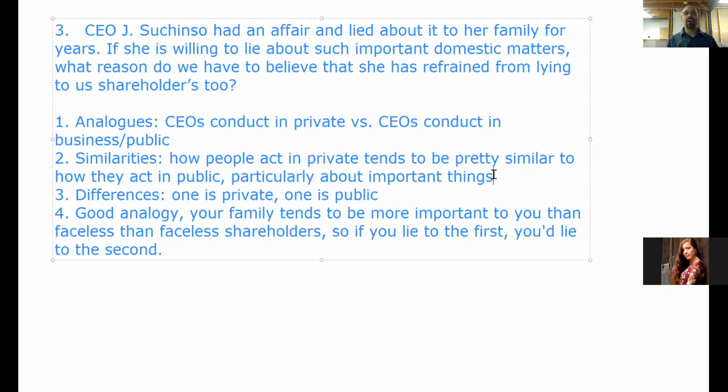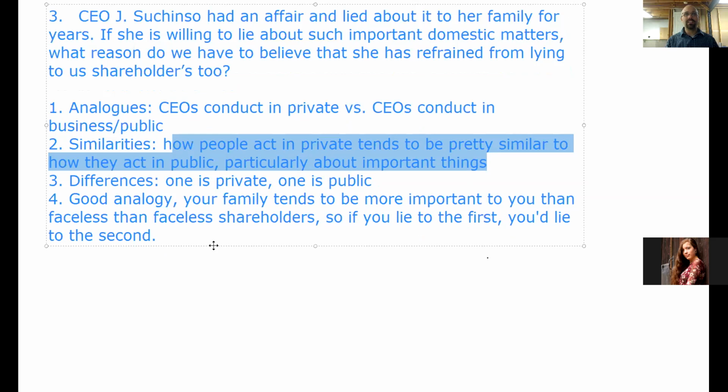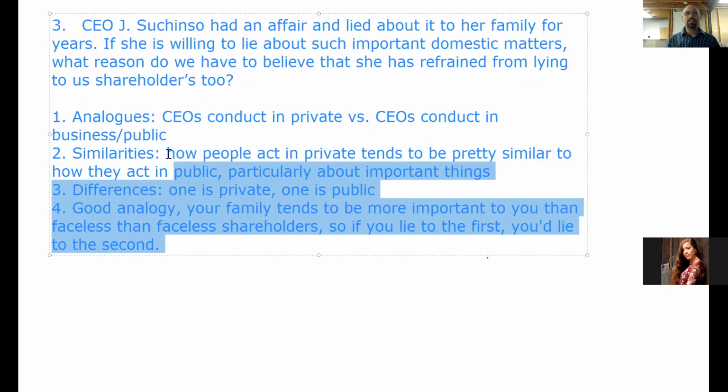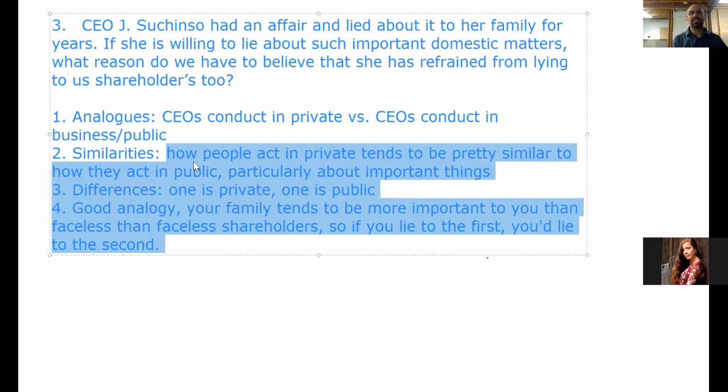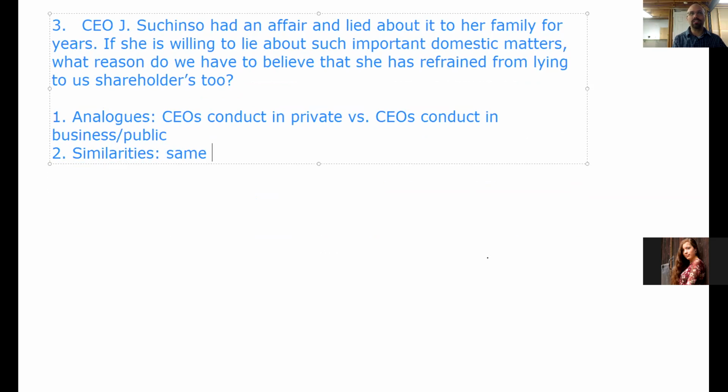But I also saw a very different set of answers from people. Some people said, what are the similarities in this case? Well, the same person is involved. But what are the differences? What are the dissimilarities? Who you are in public is not necessarily who you are in private.